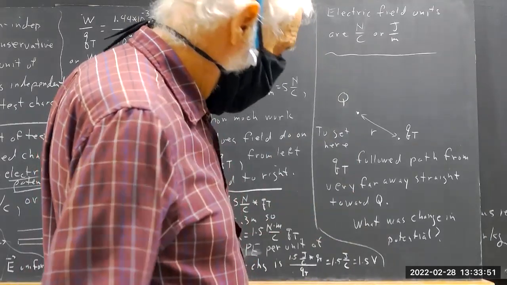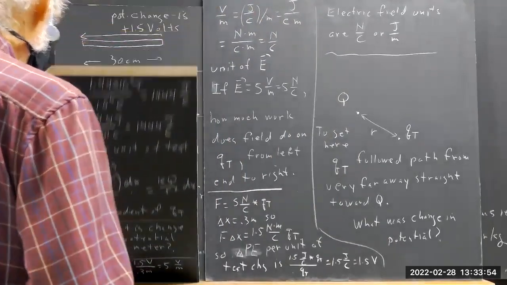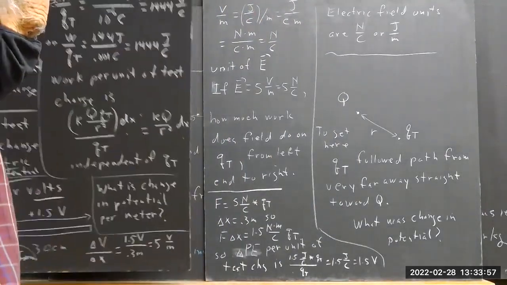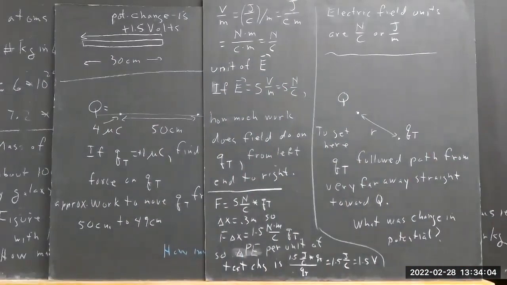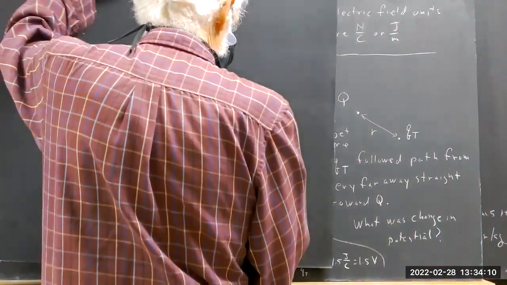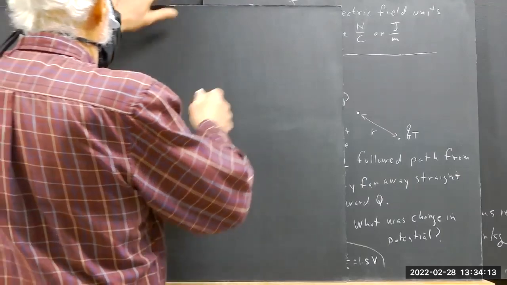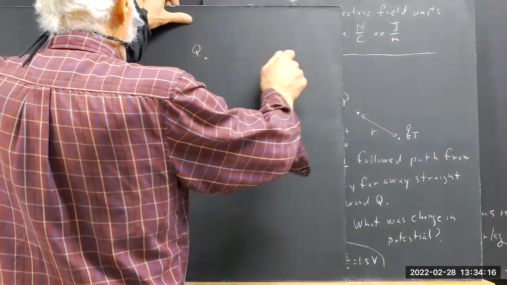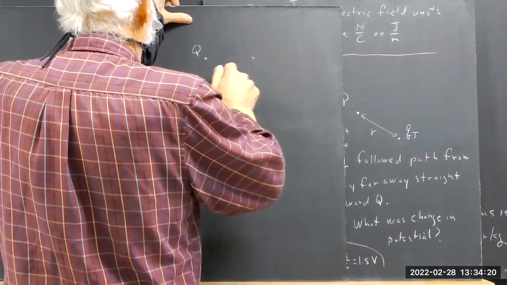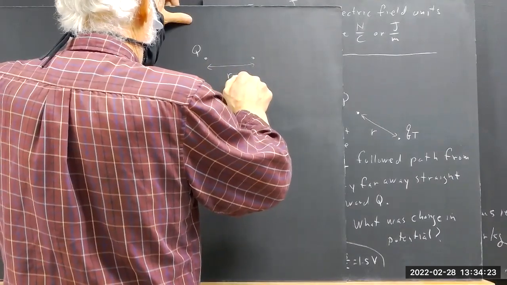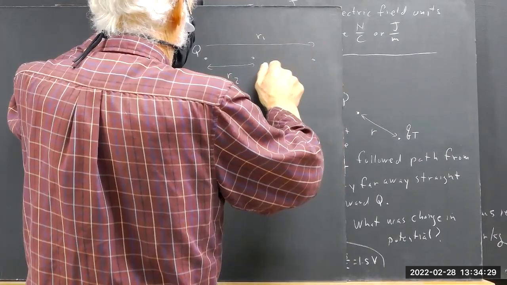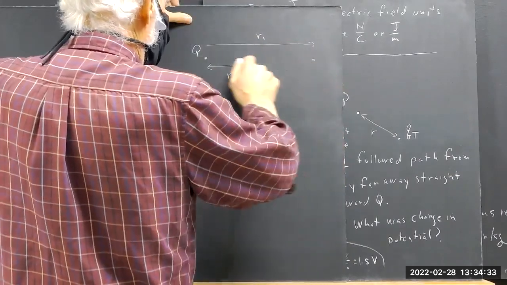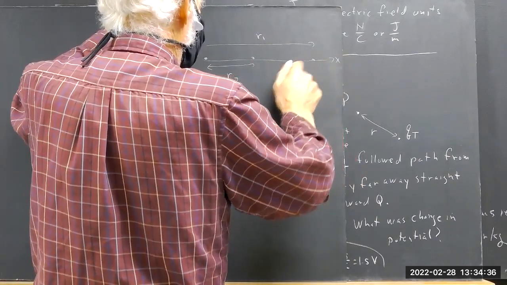Now, before we tackle that, you might want to look at just the idea of what happens if you move charge Q here, and a charge QT moves from distance R1 to distance R2 along the x-axis.